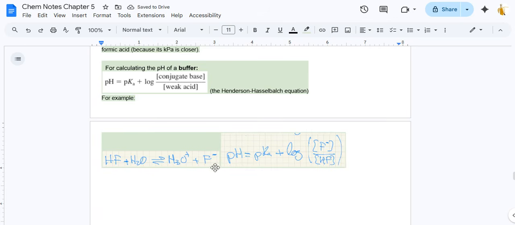If this is the chemical equation, then this will be how it will be plugged in: the conjugate base over the weak acid. So the conjugate base of the weak acid and the weak acid itself.